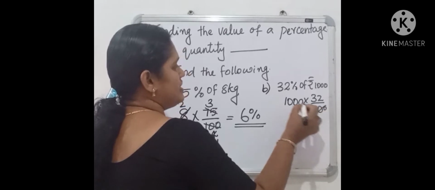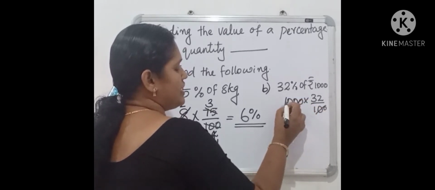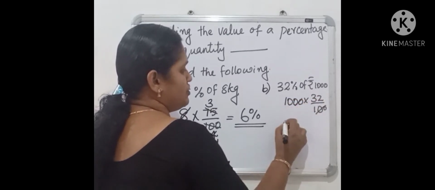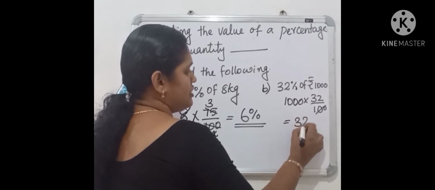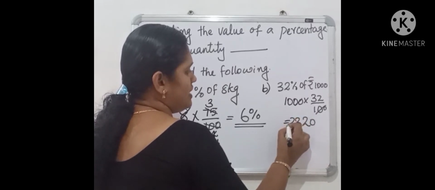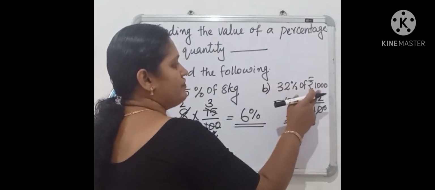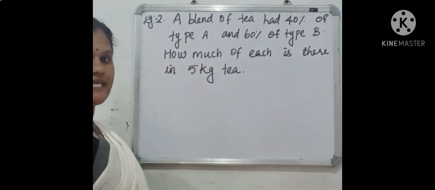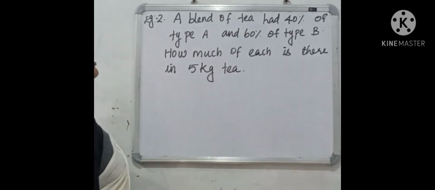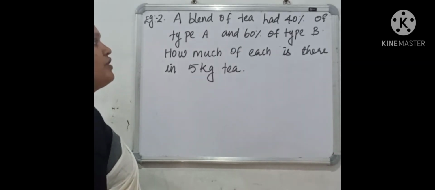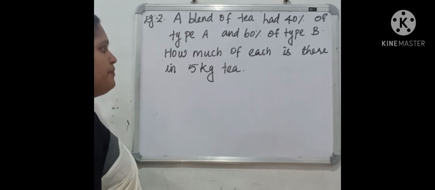We can cut these zeros like this. 10 into 32 equals 320. 320 rupees is the 32% of 1000. Clear?